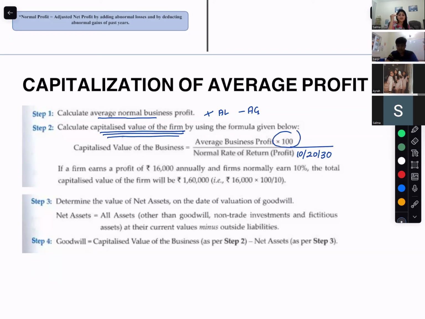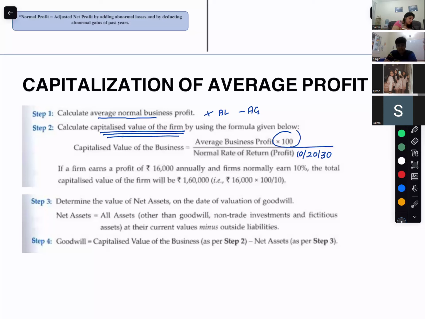First step, calculate your average normal business profit. Then you will calculate the capitalized value of the firm: average profit divided by NRR into 100.